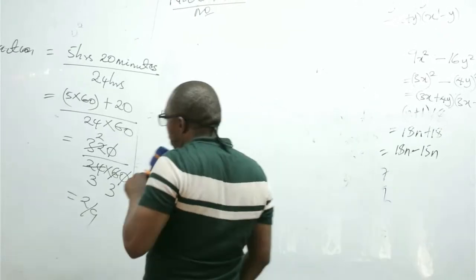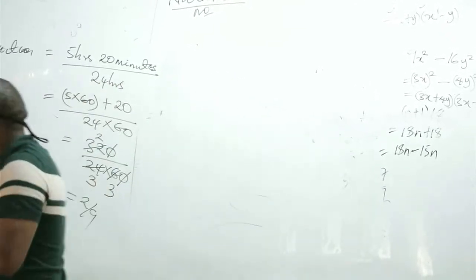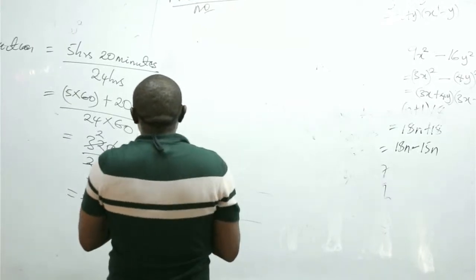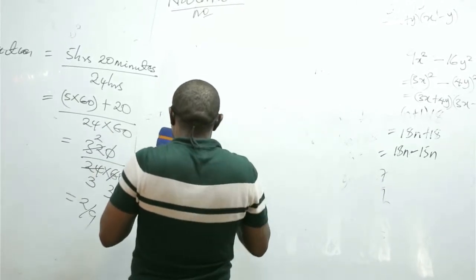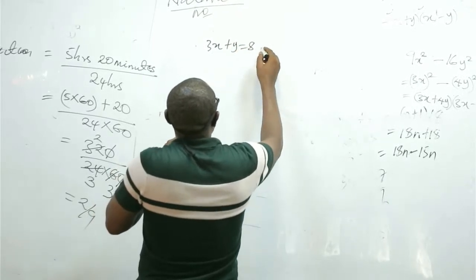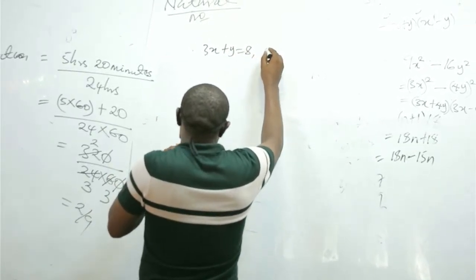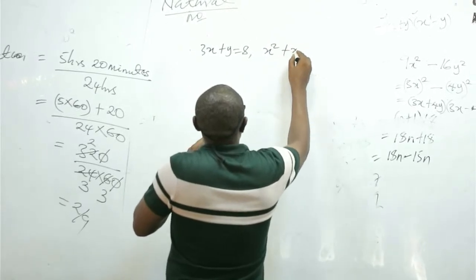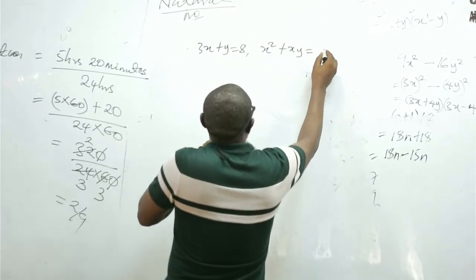We have 3x plus y equals 8, and we have x squared plus xy equals 6.